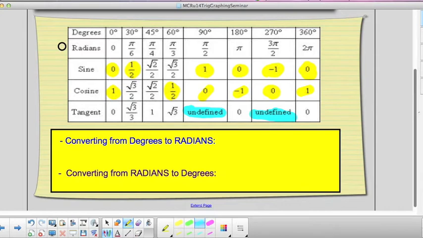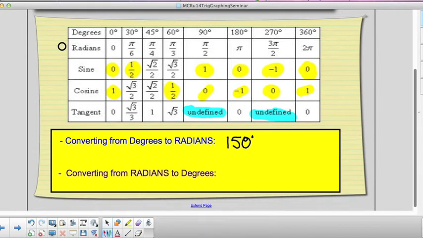Now, I believe there's a part in your unit guide when you're going to be asked to convert from degrees to radians or vice versa. So let's do an example. If I had the question, or 150 degrees, and I was asked to convert into radian mode.